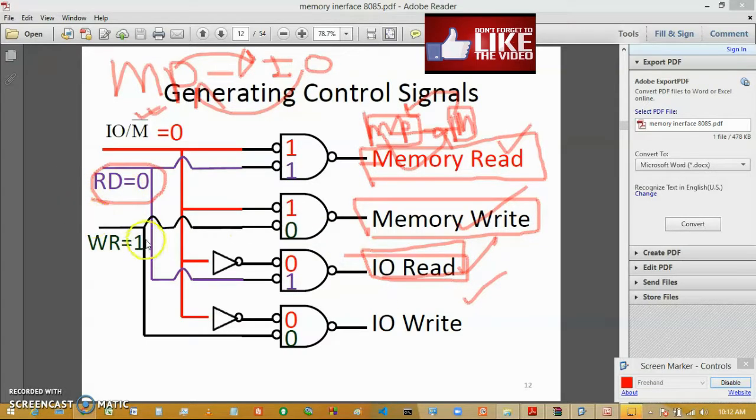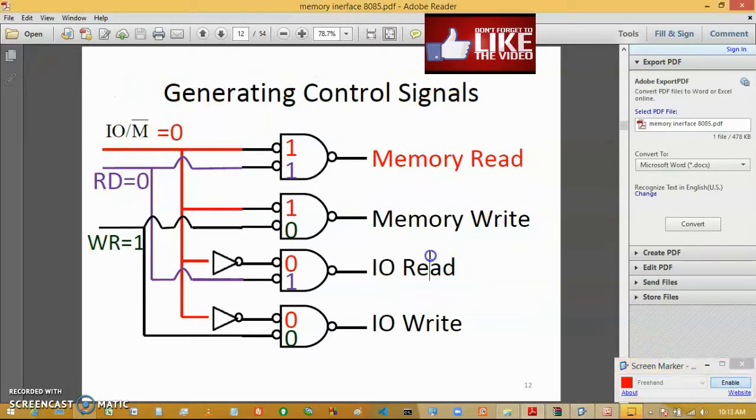Next, in the case of the write operation, whenever the write signal is low, it is a write operation. Similarly, for the memory read operation, you can see this is the control signal. That means with the help of the IO/M bar signal combined with the read and write signals, memory read, IO read, memory write and IO write, the different signals, can be generated.